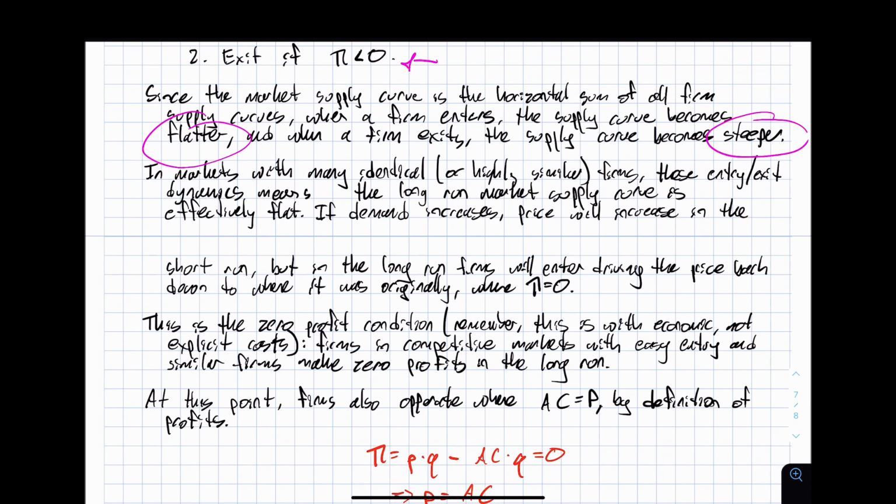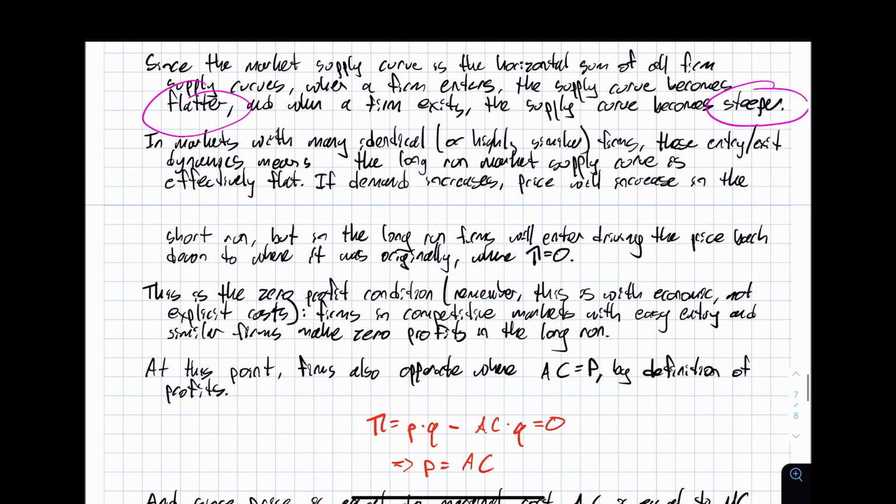So when we have many identical or very similar firms, the entry and exit dynamics sort of lead us to a relatively flat supply curve.